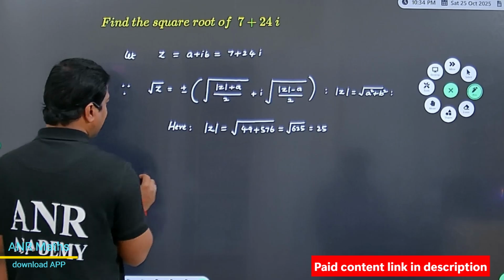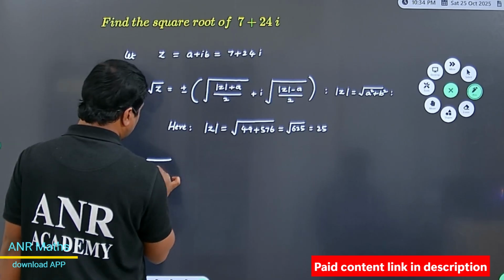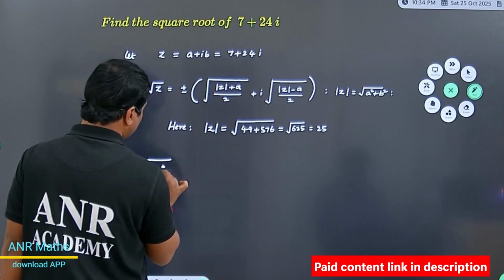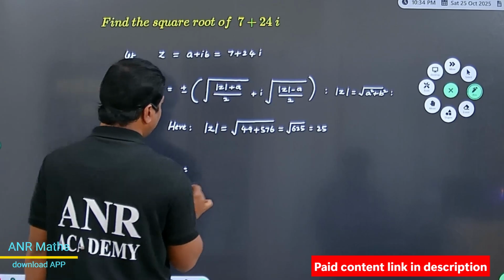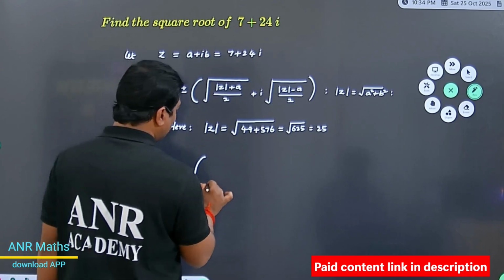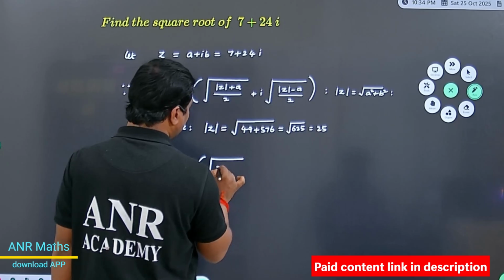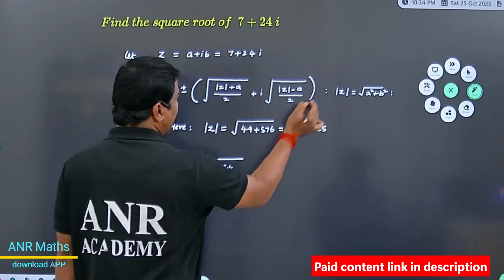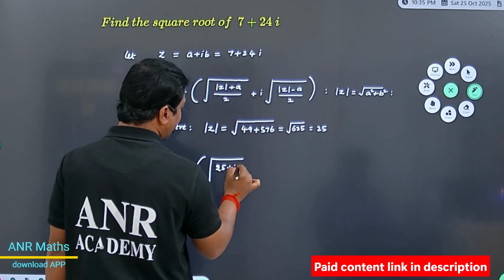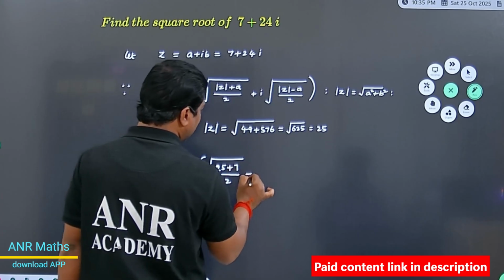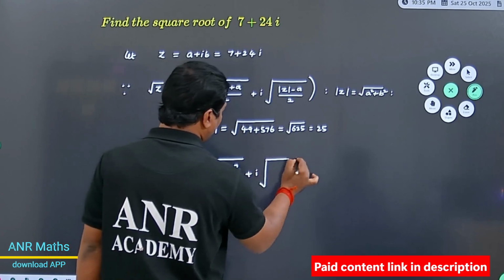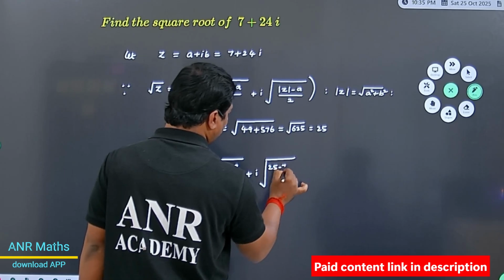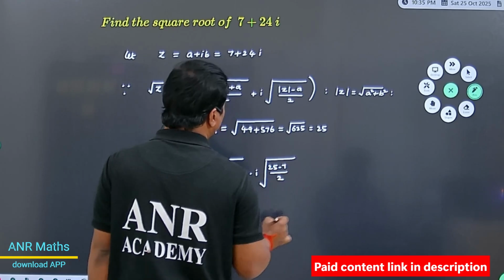from this I can write root over 7 plus 24i. First you have to write root over modulus z value 25 plus a, here 7, divided by 2, plus i of root over 25 minus 7 divided by 2.